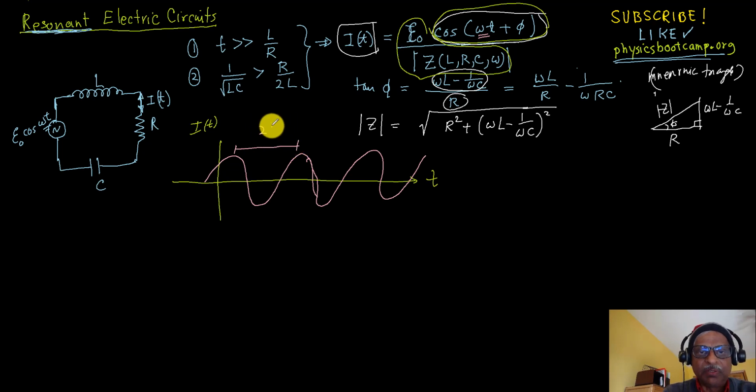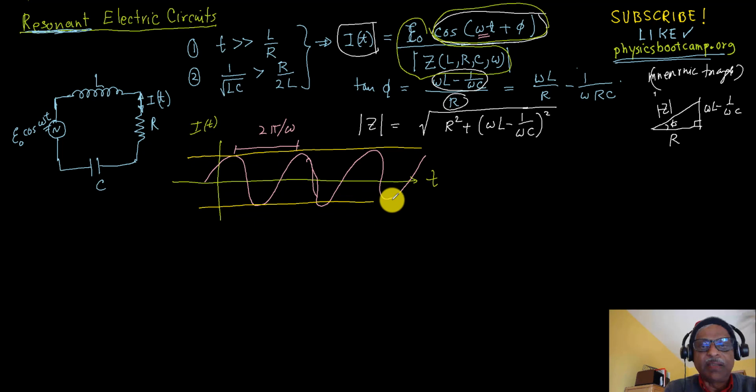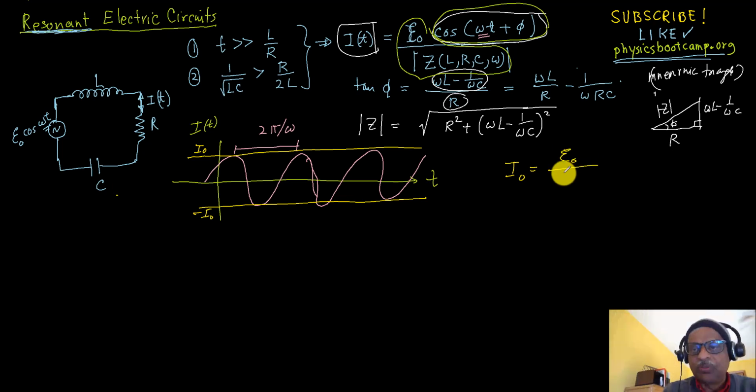It's going to be 2 pi over omega, because it's angular frequency. That will be the time period, and it's going to oscillate between I0 and minus I0, and I0 stands for E0 over the impedance.